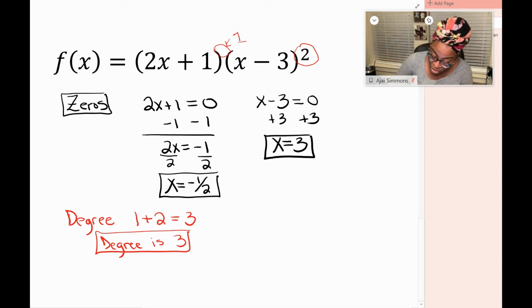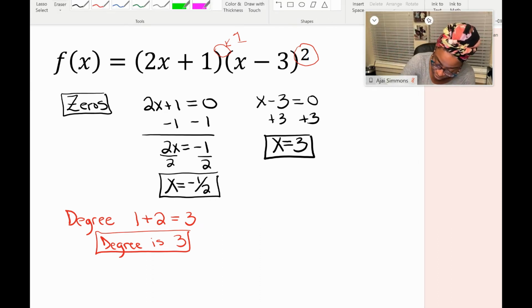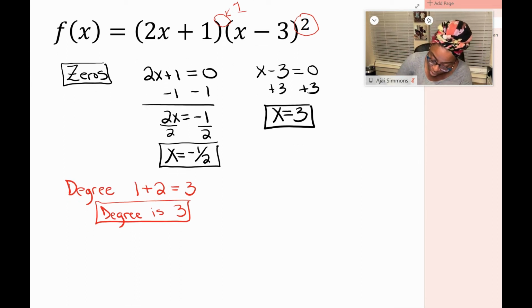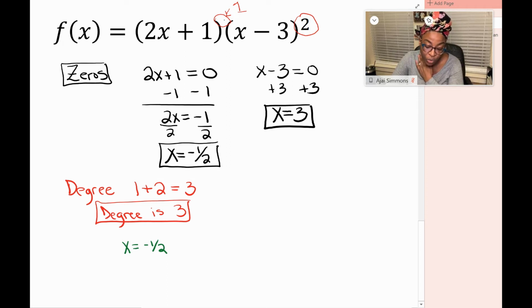Now, let's talk about multiplicity. Let's go back to green. So for x equals negative 1/2, if you go back up to the top, the degree of that factor was 1.